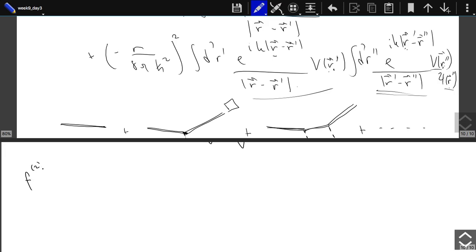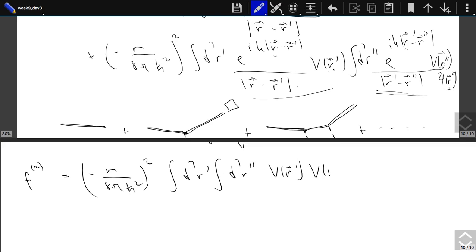So the second correction to f is just minus m over 8 pi h bar squared, this whole thing squared, times the integral d cubed r prime and d cubed r double prime, v of r prime, v of r double prime, e to the power i k dot r double prime. This is my psi 0.